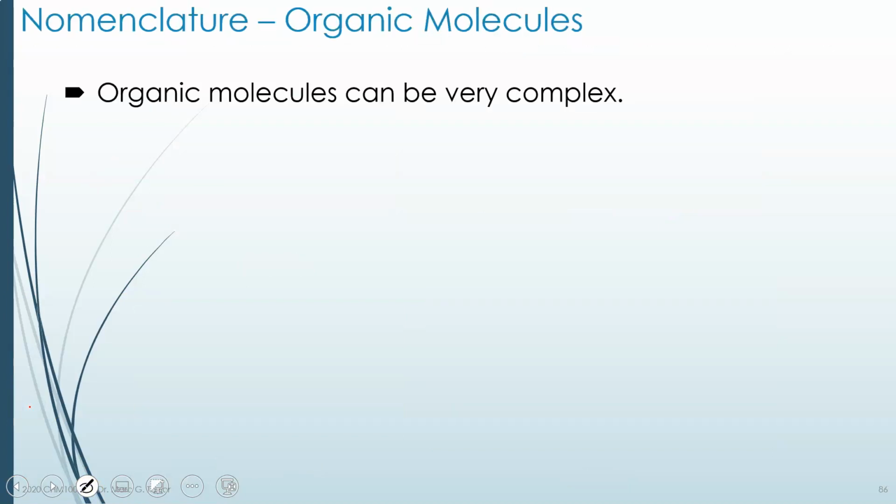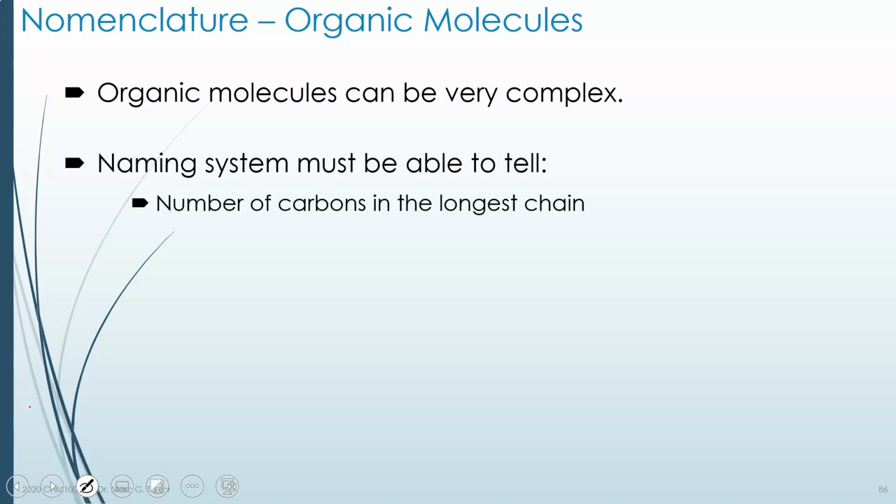So let's talk briefly about some of the basics of nomenclature for naming organic molecules. Organic molecules can be very complex, as you've already seen. So naming them can involve many, many rules. So we're going to keep to just the simplest rules for the simplest kinds of compounds, the alkanes and simple versions of alkanes. And in these cases, you always look for the longest chain, and you look for anything sticking out from the chain.